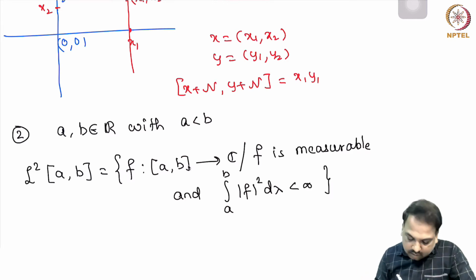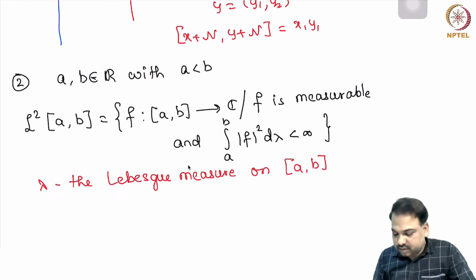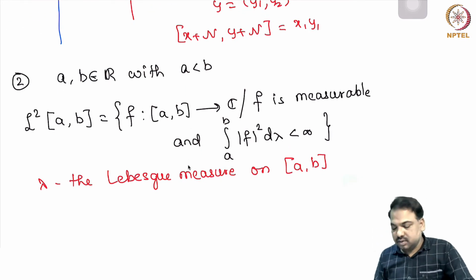Here lambda is the Lebesgue measure on [a, b], or we can say on the Borel subsets of the closed interval [a, b].